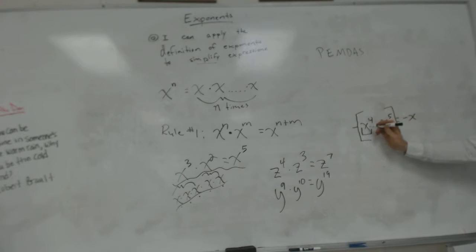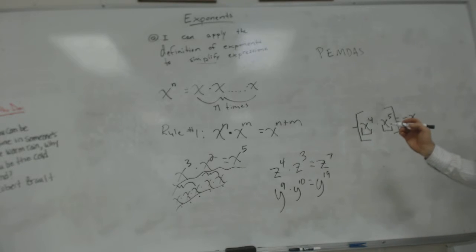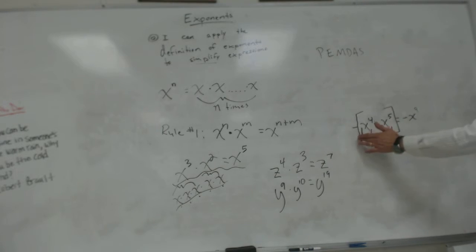And then I have x to the fourth times x to the fifth, which is x to the what power? 9th power. So negative x to the fourth times x to the fifth is negative x to the 9th.